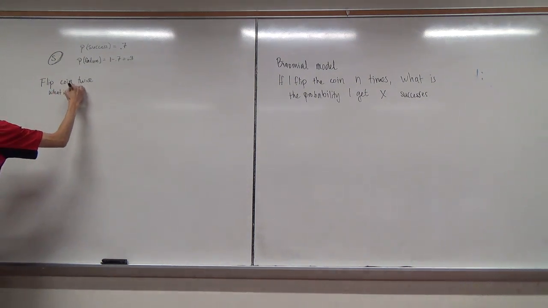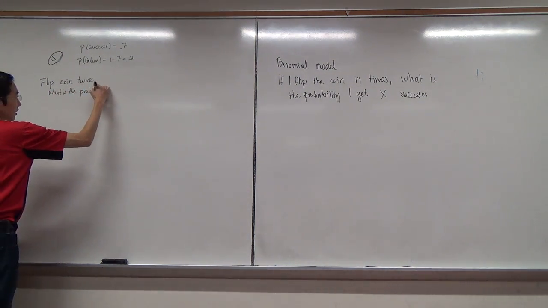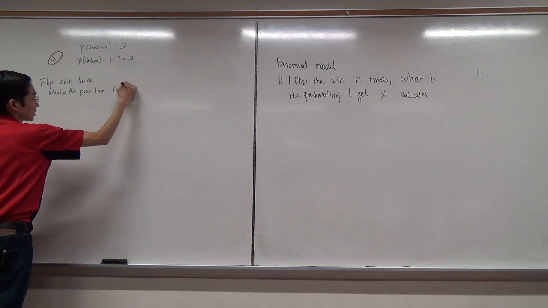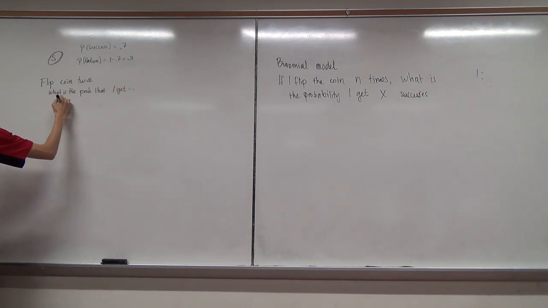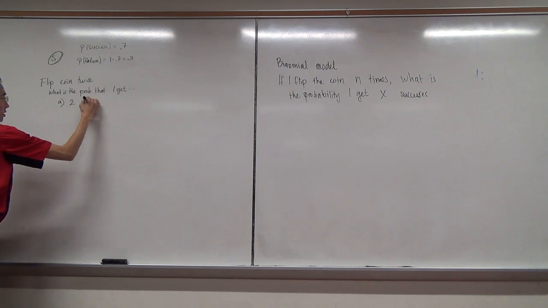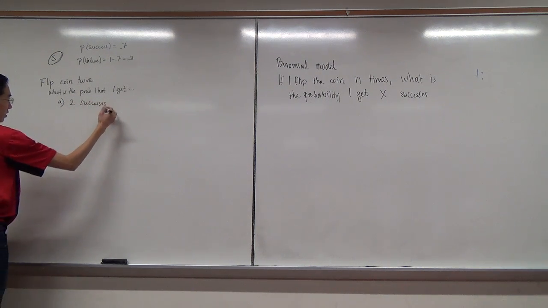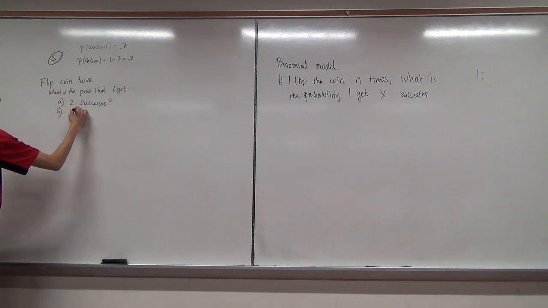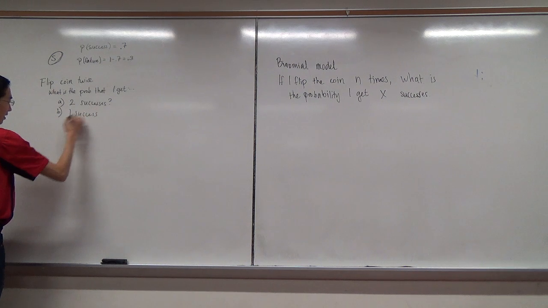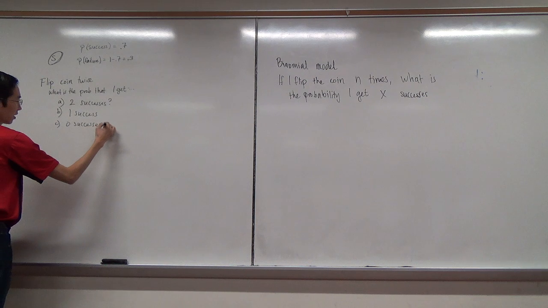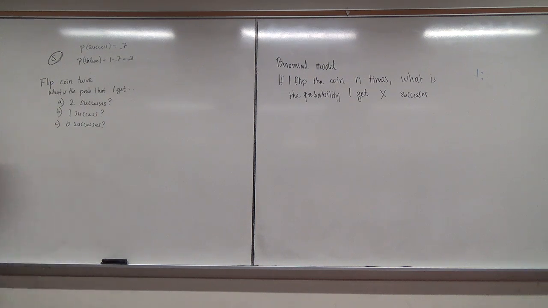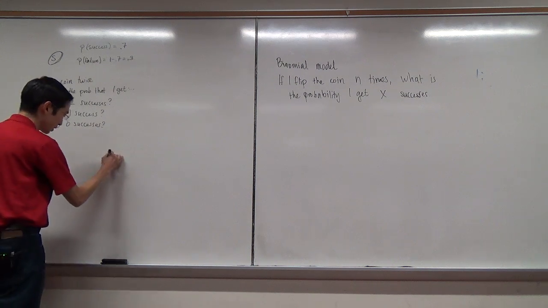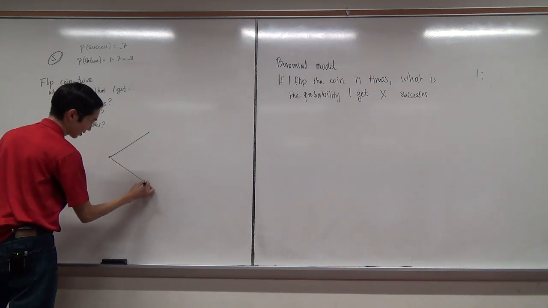What is the probability that I get, part A, 2 successes, part B, 1 success, and part C, 0 successes.